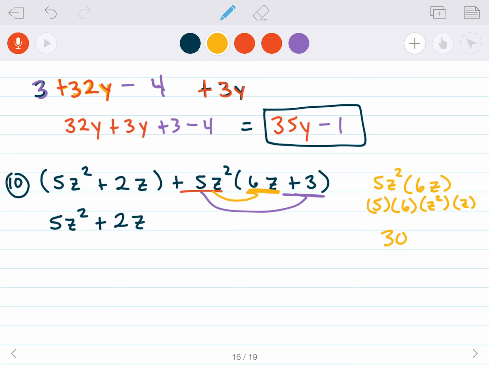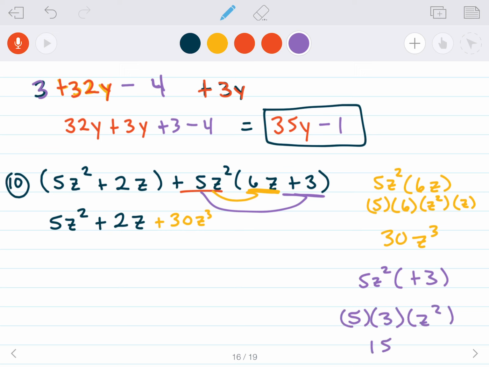Z times z times z is z to the third. So this becomes a positive 30z to the third. Okay, now the purple, I have 5z squared on the outside times positive 3. So again, 5 times a positive 3 times a z squared is just a 15z squared.